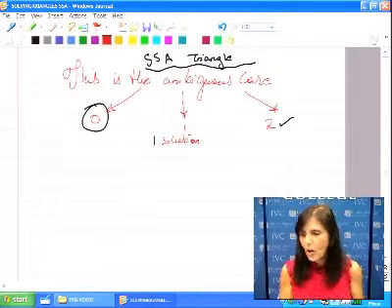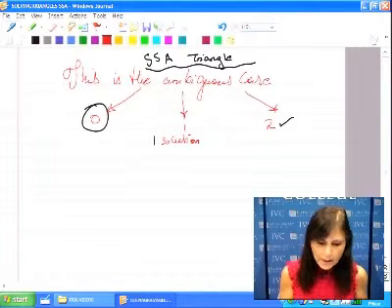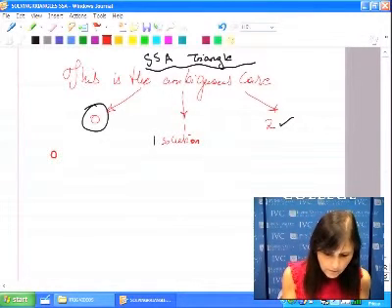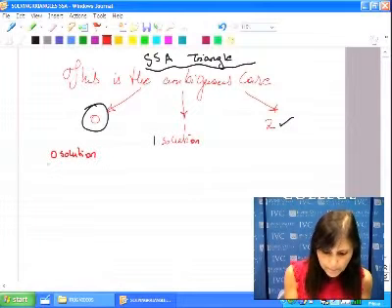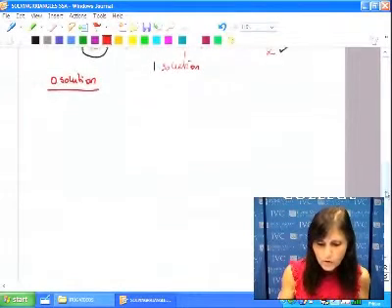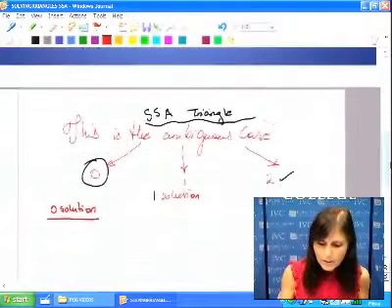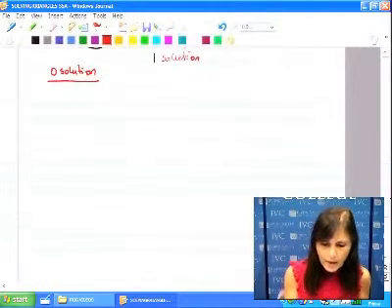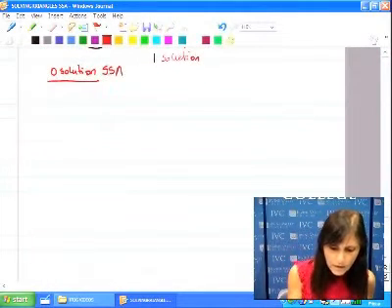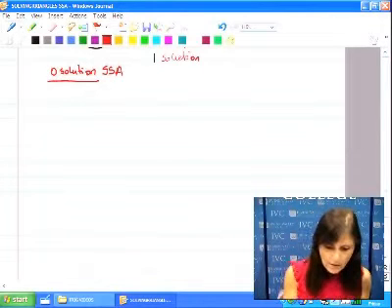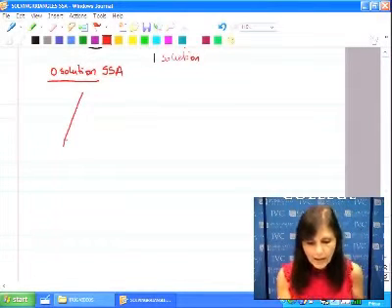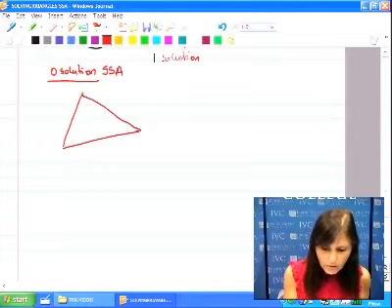All right, so let's start with the zero solution one, the impossible case. I'm going to make up a triangle that has no solution, but nevertheless, it's an SSA triangle. So what that means is side, side, angle. Just draw any random triangle.